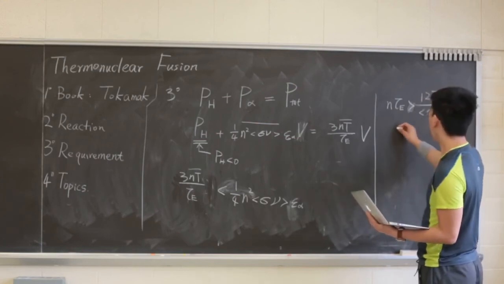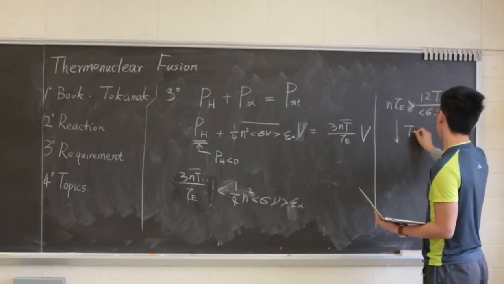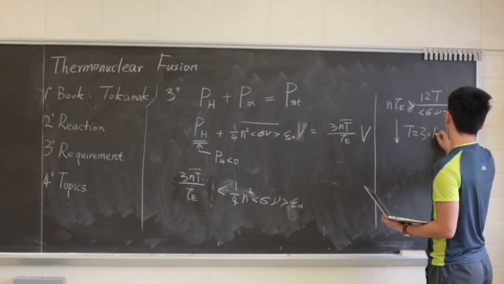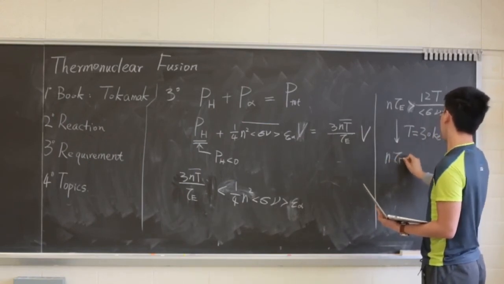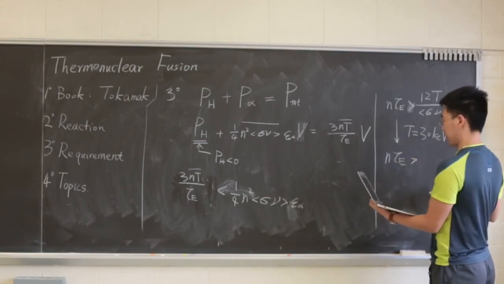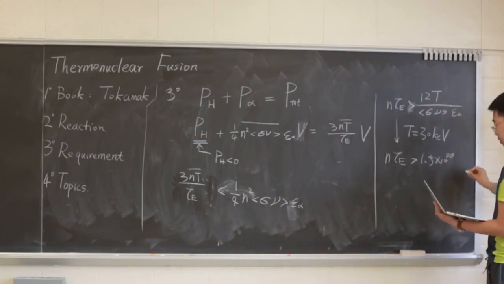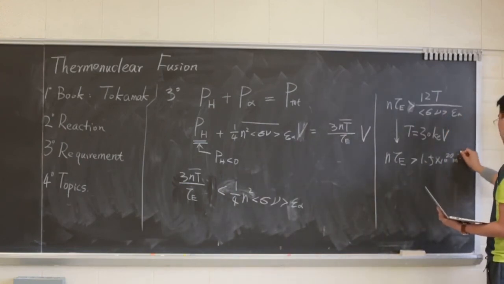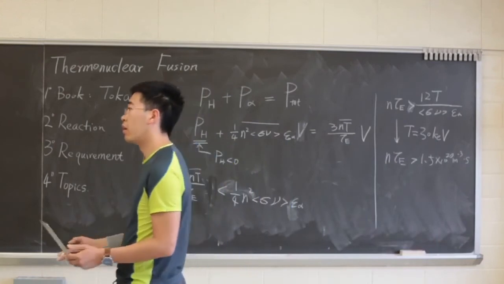So for the temperature equal to 30 keV, we can plug in all the numbers together. So we have 1.5 times 10 to the 20 meter to the minus 3 density times time.